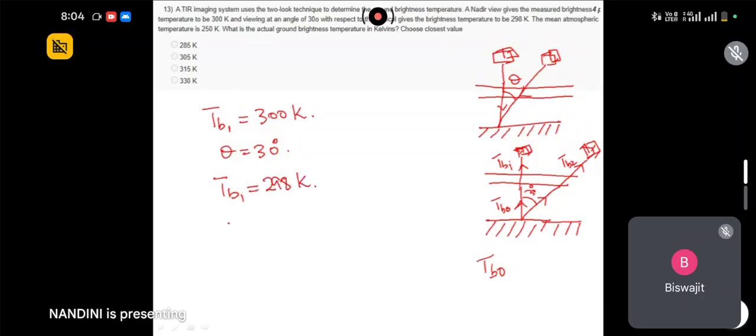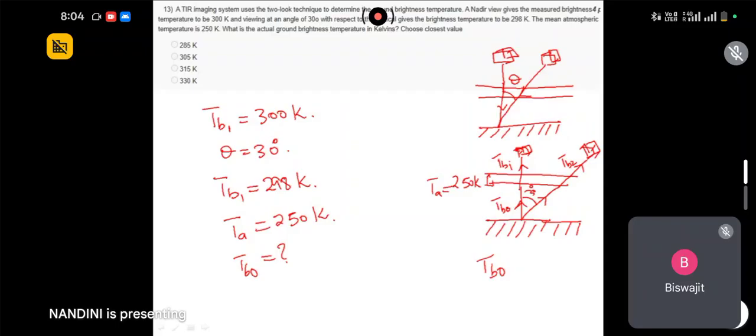The mean atmospheric temperature, TA, is given as 250 Kelvin. What is the actual ground brightness temperature? We need to find TB0. Based on the optical depth of the atmosphere, the brightness temperature changes, so TB1 and TB2 are dependent on the optical depth.